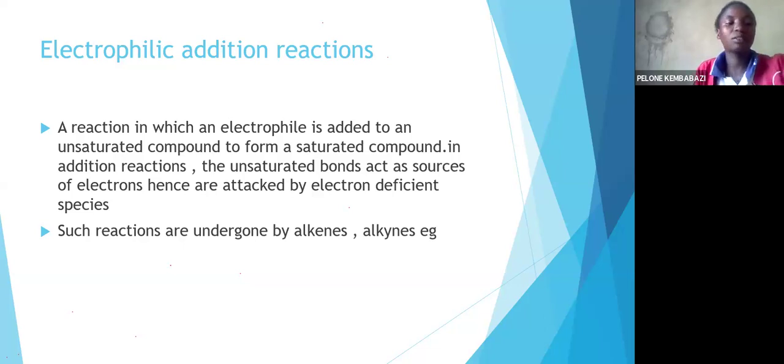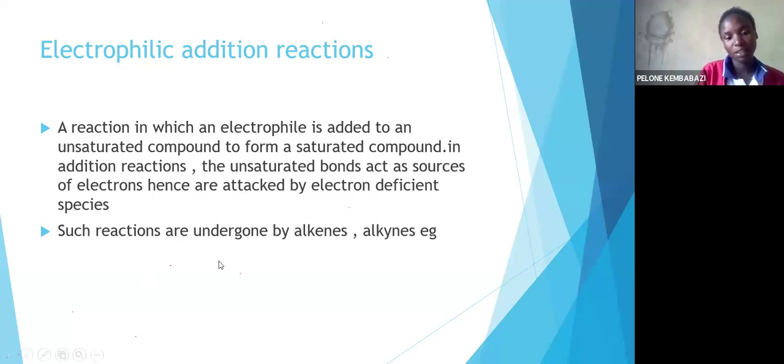So, what is not happening here? We have said such reactions are undergone by alkenes and alkynes. Alkenes are organic compounds which have double bonds, and alkynes are organic compounds which have triple bonds.